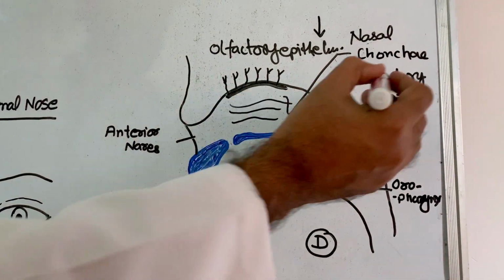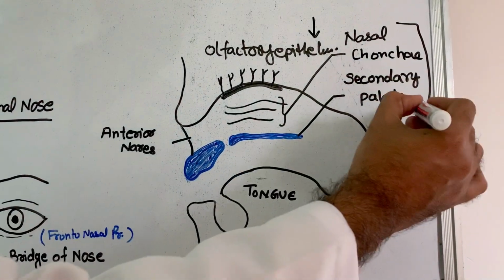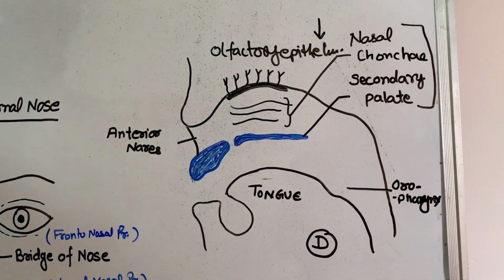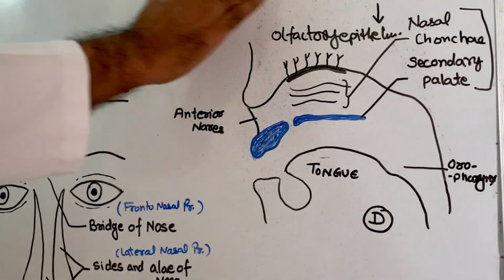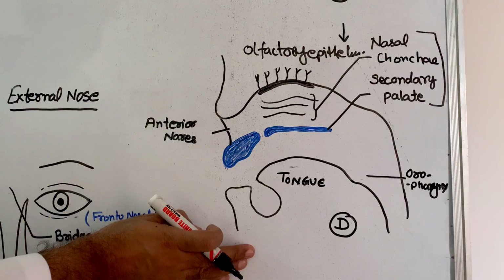The olfactory epithelium and the nasal concha develop from the diverticulum of the nasal walls. Now, this is the actual development of the nasal cavity.